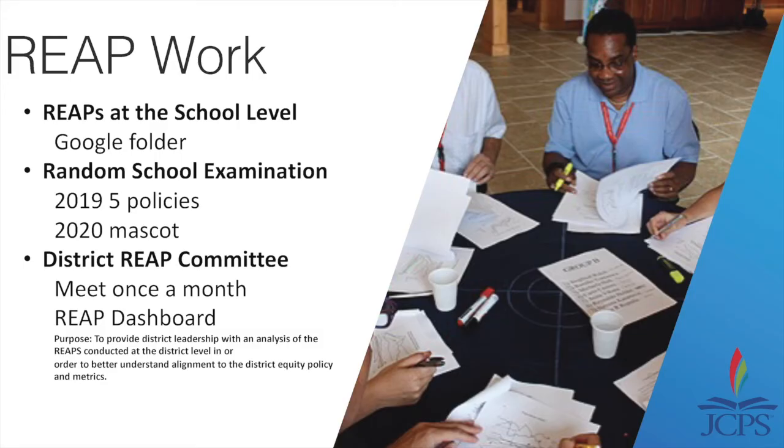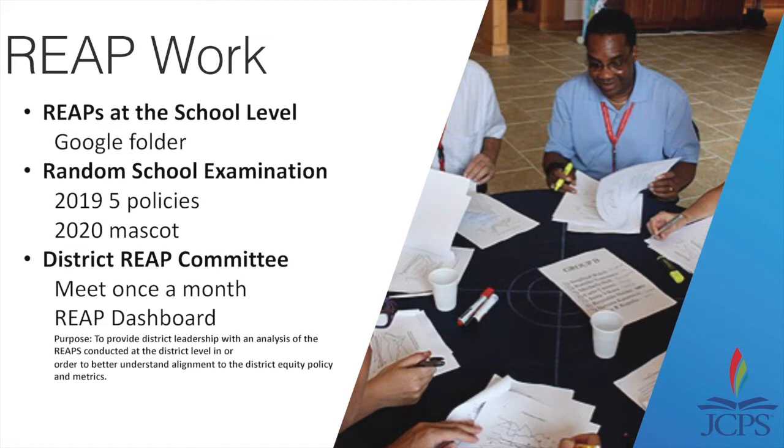Next, I just want to give a little overview in regards to things that have been done with the REAP. At the school level, last year, each of you were given a Google folder, and that is where you were to place all of the REAPs so that they were in one designated place.